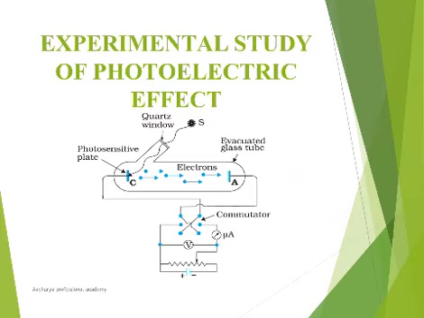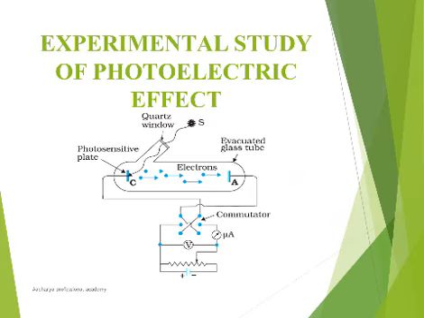First, look at the diagram. In this diagram, we have a small quartz window and a glass bulb. We can use a glass or quartz bulb that contains an emitter and a collector. Here, C, the cathode, is the emitter, and A is the collector, that is, the anode.